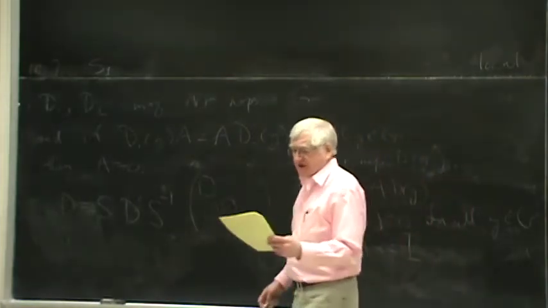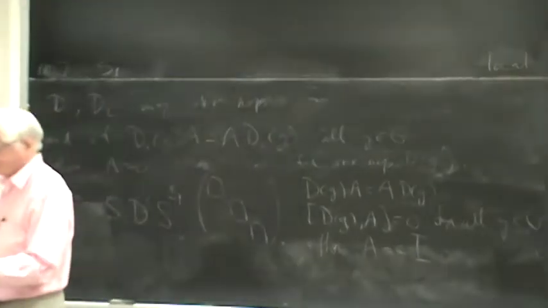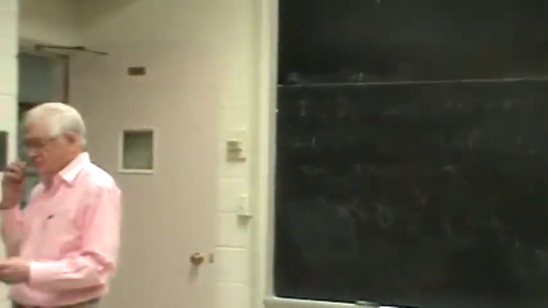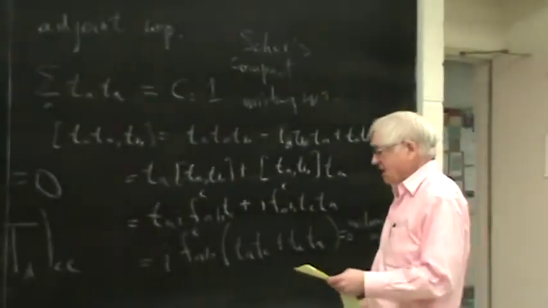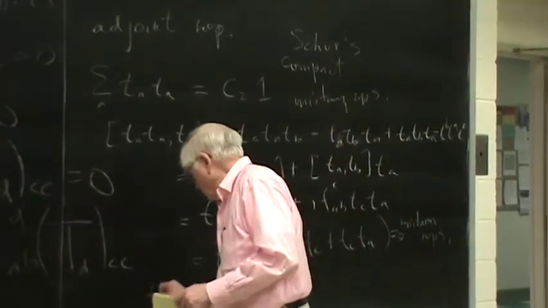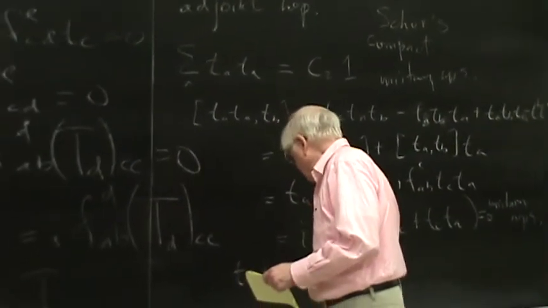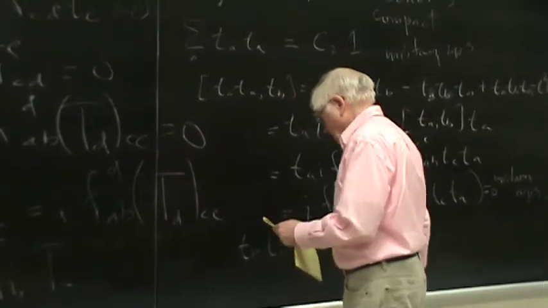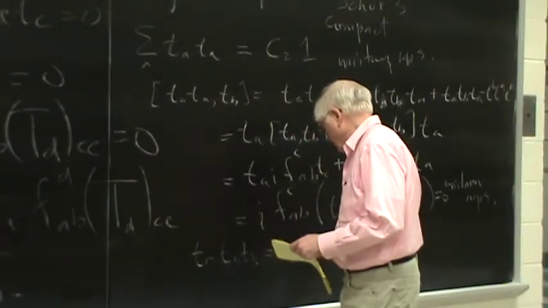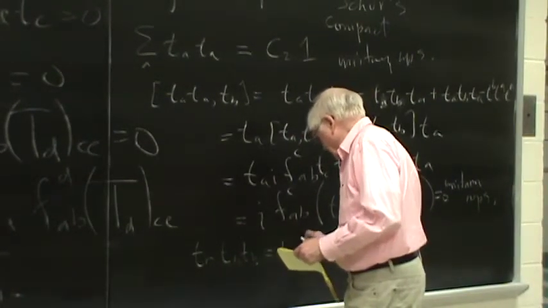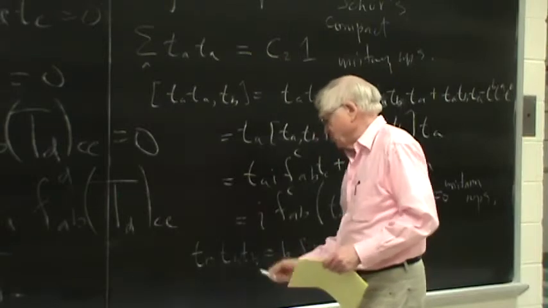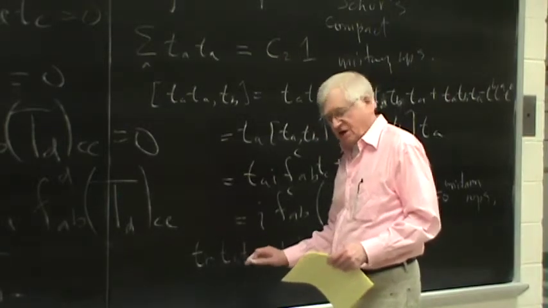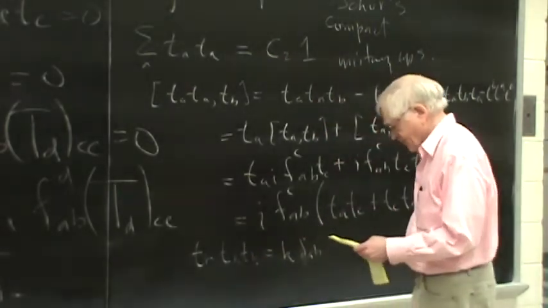Okay, so we were saying over here that, remember, for compact groups, we have trace of T^A T^B is K delta^{AB}. In general, it was T^B dagger, but for compact groups, it's just that.